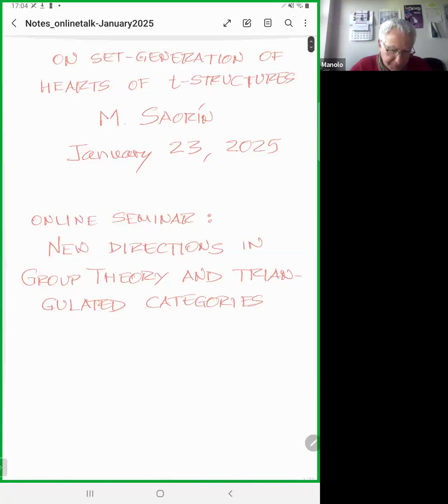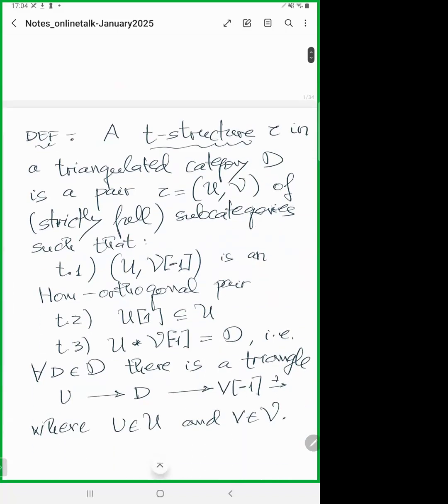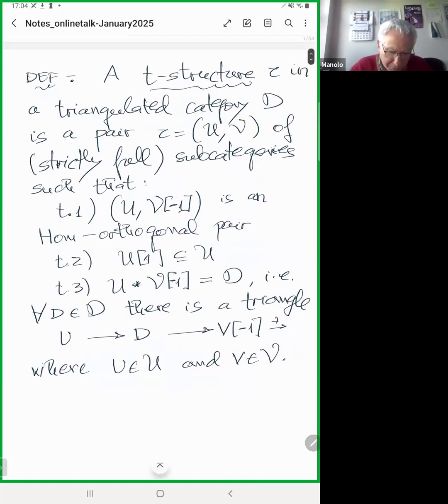Before I enter the subject, I will give some preliminaries, but most probably, by the audience that I see, most of you know them. A t-structure in a triangulated category is just a pair of subcategories that satisfies three conditions.